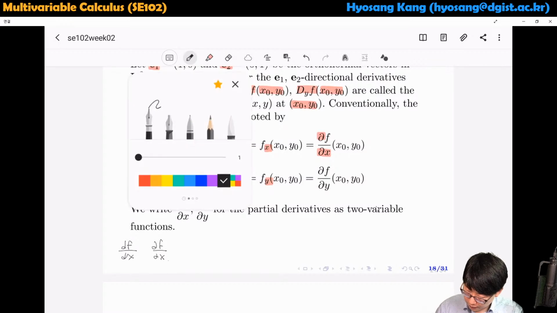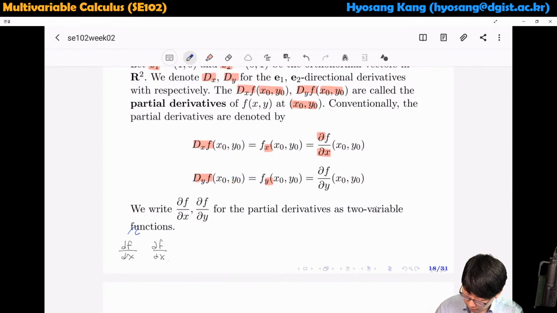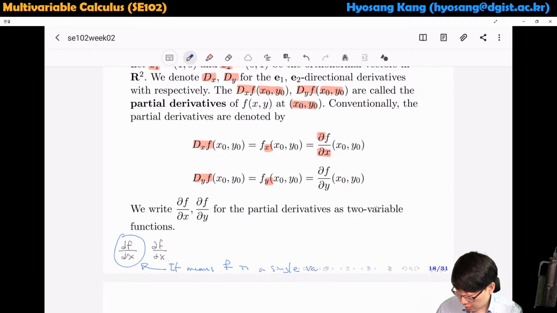So if you see this df dx, it means f is a single variable function of the variable x. So f contains only x as an independent variable.